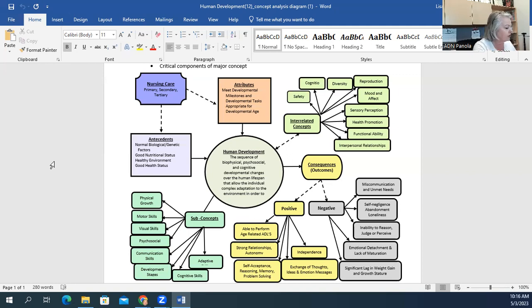So I'm still in chapter 54, looking at manifestations. It says the cardinal sign of developmental disorders is delayed achievement of developmental milestones. Again, that's why I showed y'all that sheet that tells you what milestones they should be attaining at certain ages.